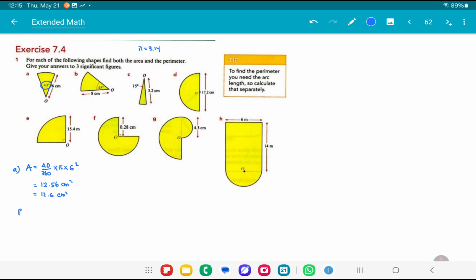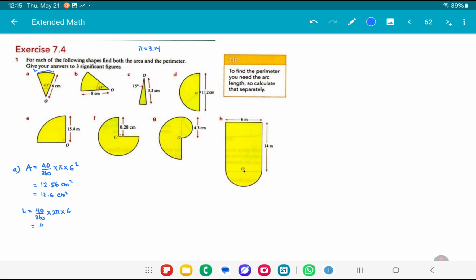And for the perimeter, we find the length of the arc. We say L equals 40 over 360 multiplied by 2 pi multiplied by the radius. The length of the arc: 40 divided by 360 multiplied by 2 pi and 6.